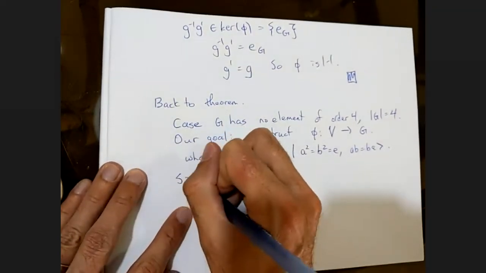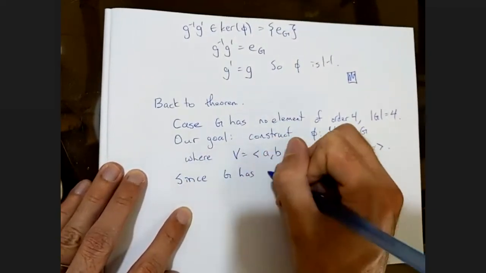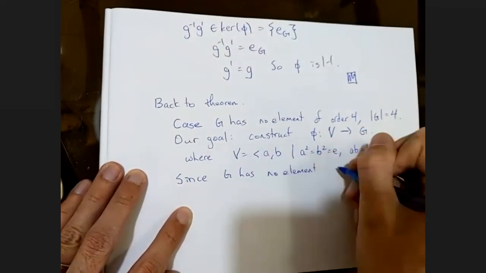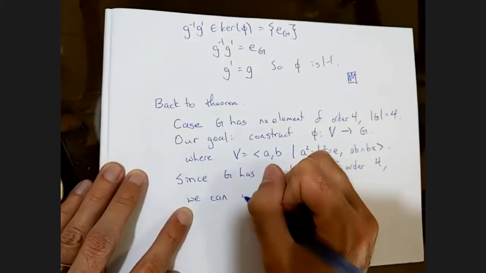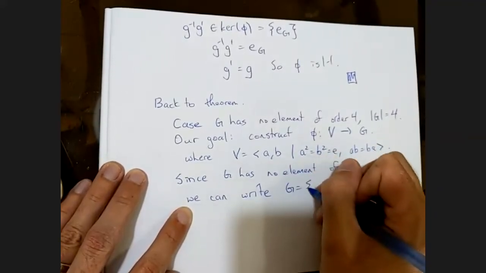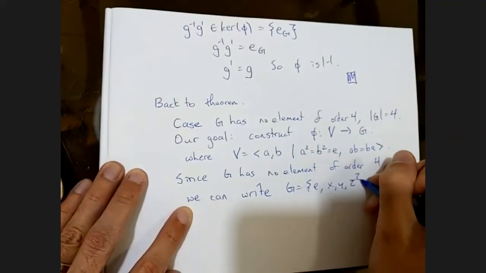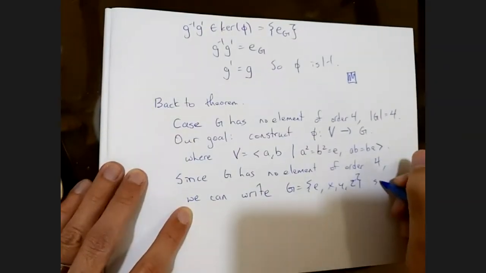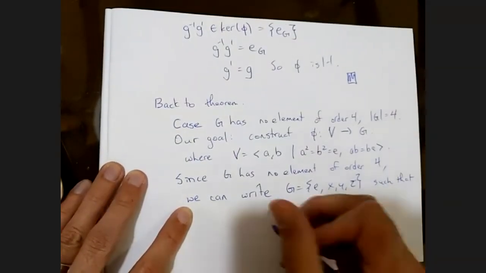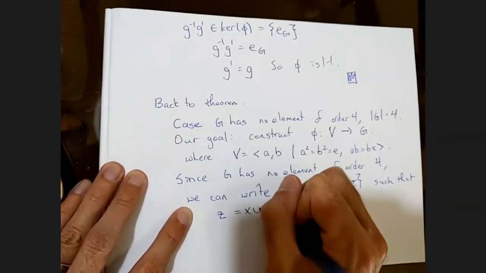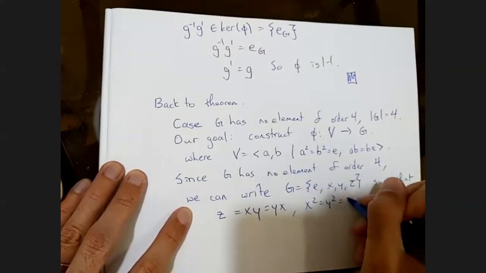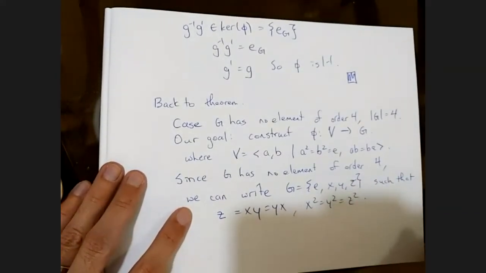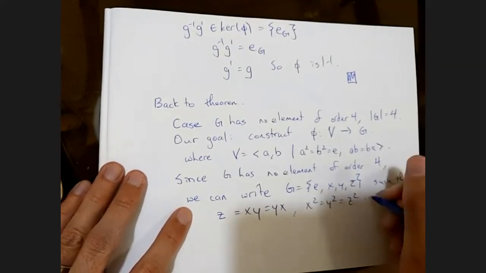Since G has no element of order 4, we can write G as the identity, x, y, and z, such that z equals xy equals yx, and x squared equals y squared equals z squared, which equals the identity.